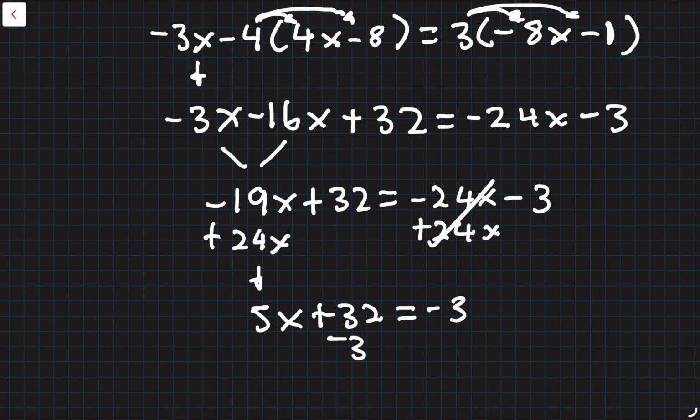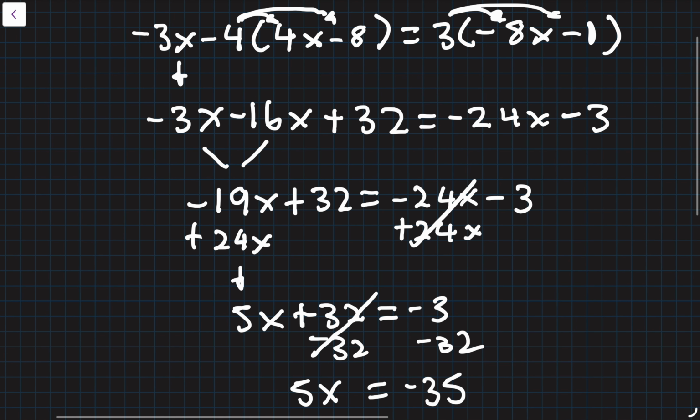So minus 32 to each side, cancel out the 32, and negative 3 minus 32 would be negative 35. So negative 35 equals 5x.